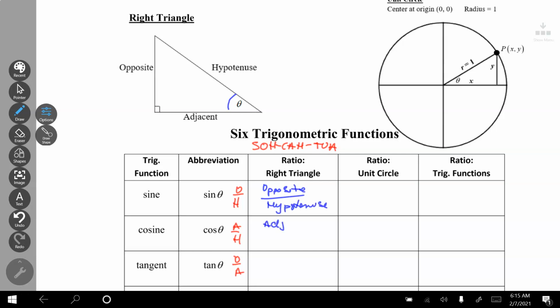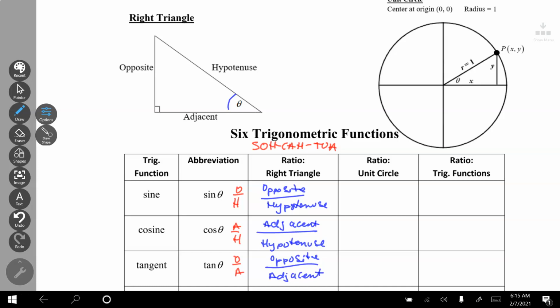Sine, and cosine, and finally tangent. All these you should be familiar with.